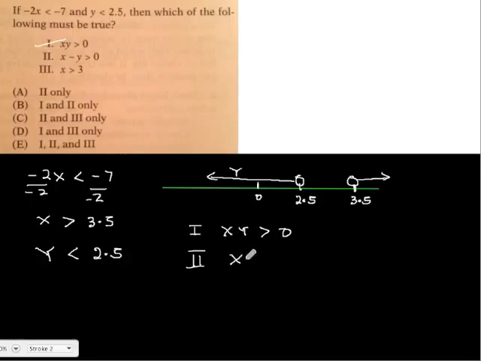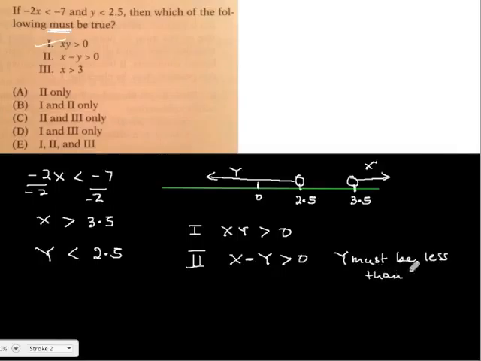Can x minus y possibly be greater than 0? And remember that it says must be true. So we have to pick a few numbers. Let's say we picked 3.6. And 3.6 minus a number here, a larger number minus a smaller number, will always give me a positive.